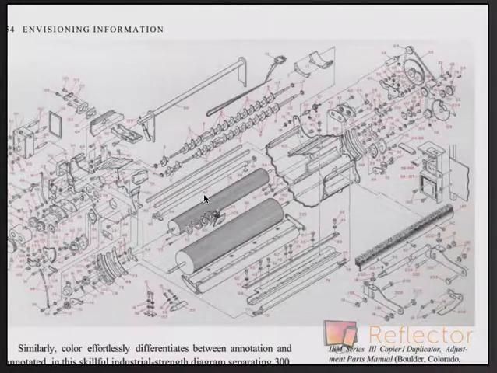So again, the information consumer can quickly see, since the information is layered, all the black is one source of information, all the red is another, and you can quickly combine the two so that you get the information that you need without being overwhelmed by too much ink, so to speak, when you're trying to figure out what part is what or where it goes.